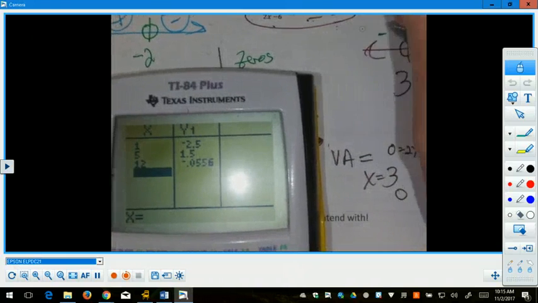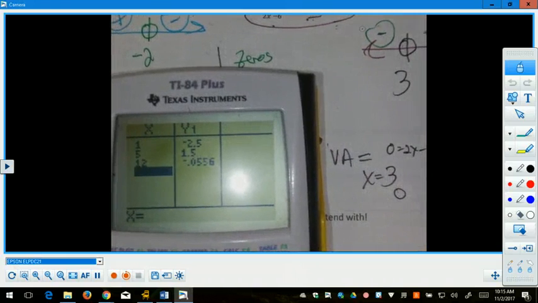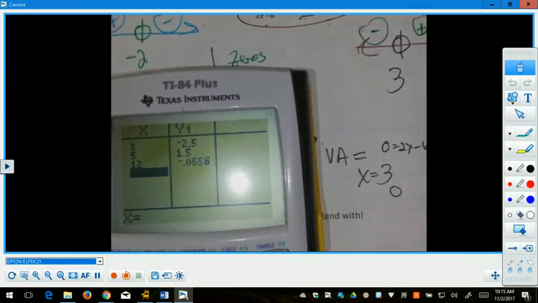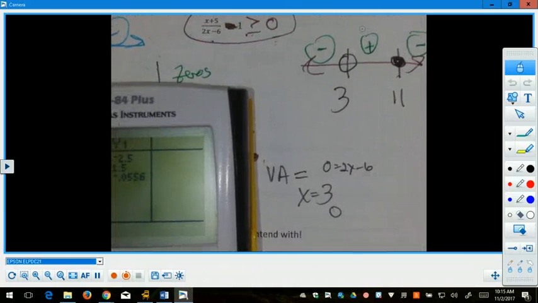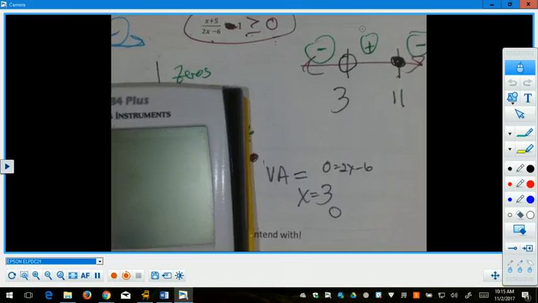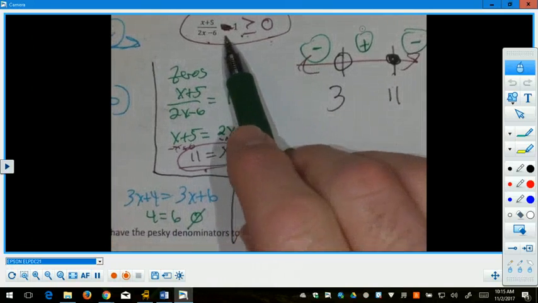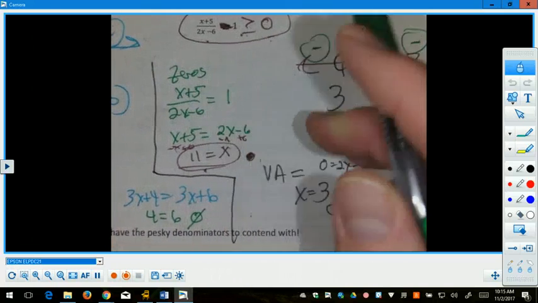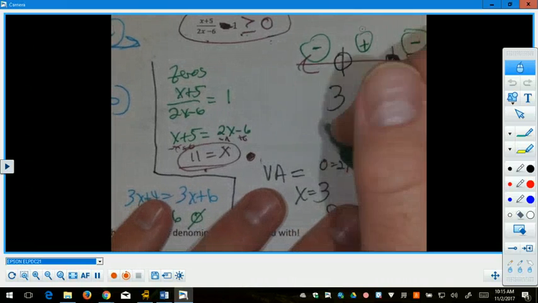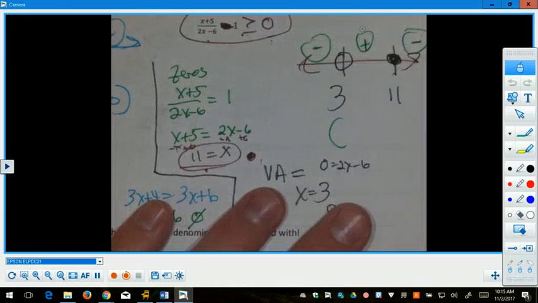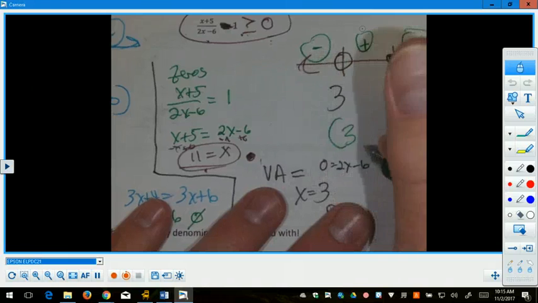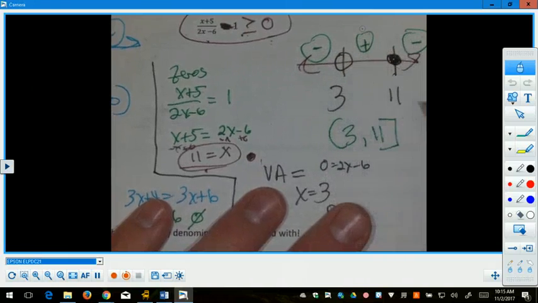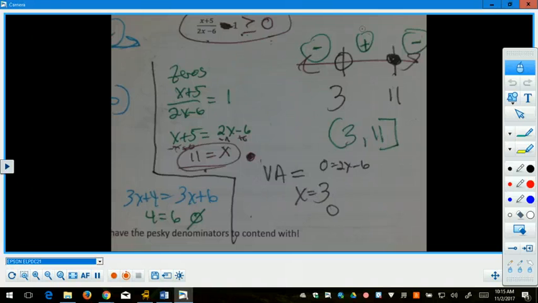I get negative outputs to the left of 3, positive outputs between 3 and 11, and negative outputs from 11 to the right. Since they want to know for which intervals this function is greater than or equal to 0, the answer is what? Who has an answer? 3 to 11, with a bracket around 11, because there's equality.